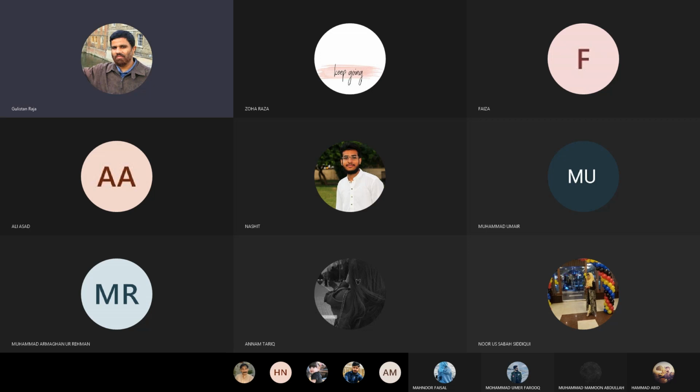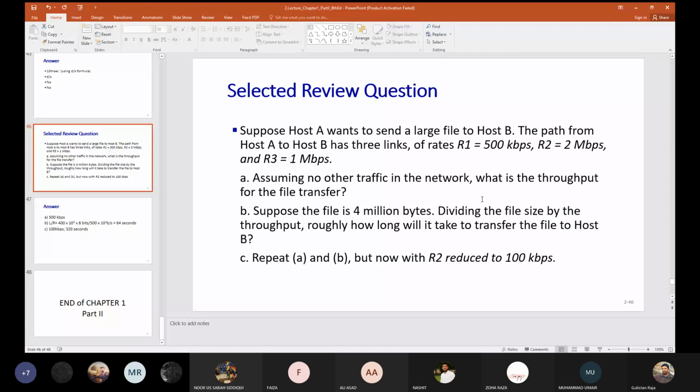Okay, can you see the slides? अब देखिए 4 मिलियन बाइट्स है ना, 4 into 10 power 6 बाइट्स है, तो बिट्स में कितना होगा? मल्टीप्लाई बाय 8 कर देंगे, तो L by R का फार्मूला लगाएंगे.